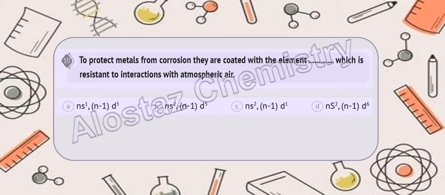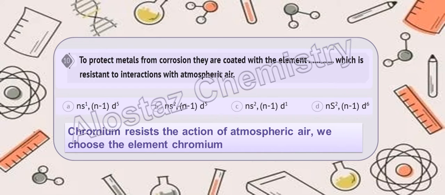Do you know that when we want to protect any element, we must coat it with a more inactive element than the present one. So we need the element that will coat our metals from the atmosphere.